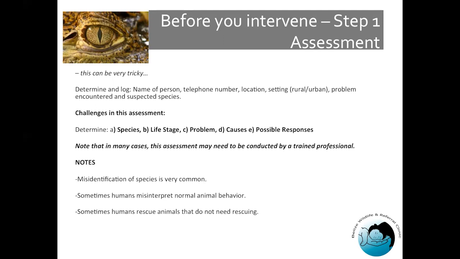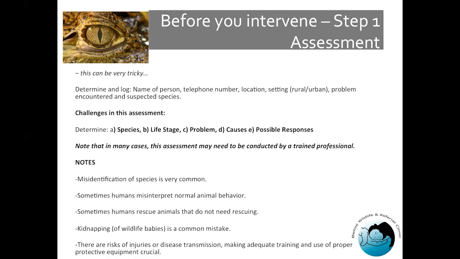So humans rescue animals that really do not need rescuing. It is actually kidnapping that is happening very commonly, with the best of intentions, but lack of knowledge about species, life stage, and behavior. And what makes it even more important to be guided in this assessment are the risks for injury and disease transmission.